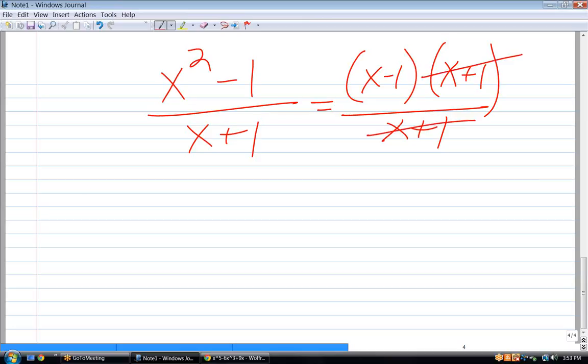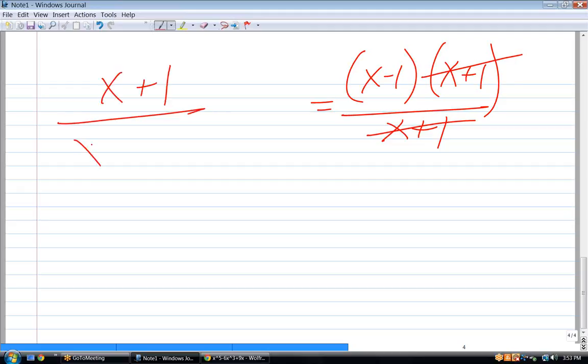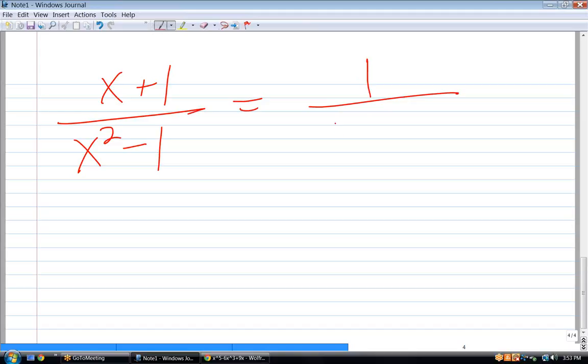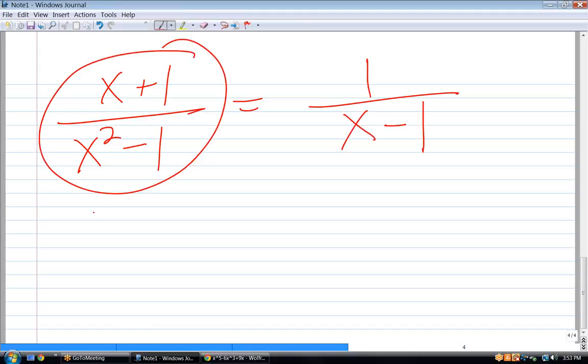So could we do x plus 1 over x squared minus 1? Because wouldn't that change it kind of a lot? First of all, what's the domain on that?